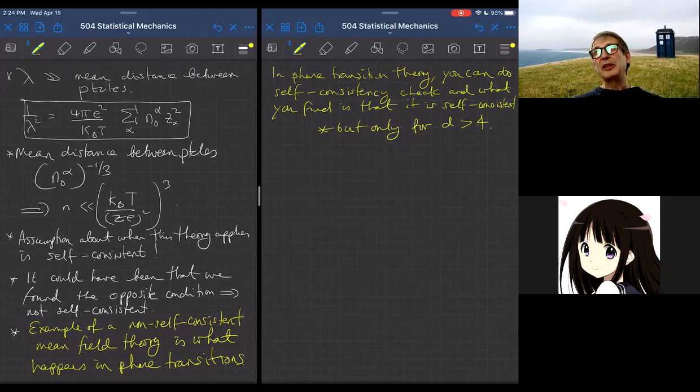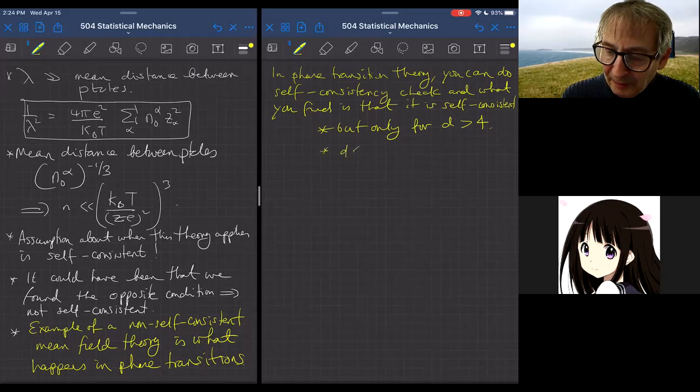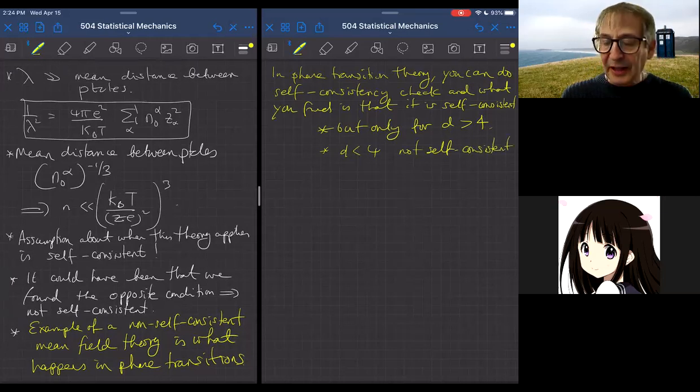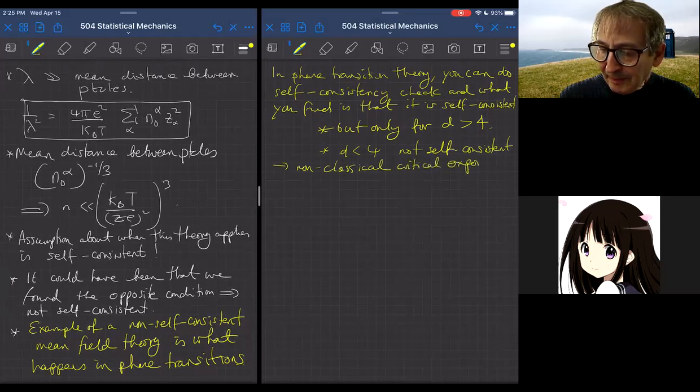So above 4 dimensions, the self-consistent mean field theory of phase transitions works, and for d less than 4, it is not self-consistent. And this is what leads to the interesting phenomena in the critical exponents, what are called non-classical critical exponents, in d equals 3, for example.